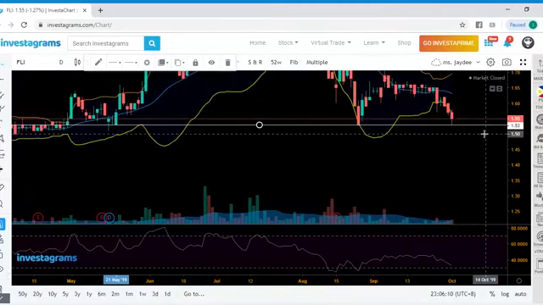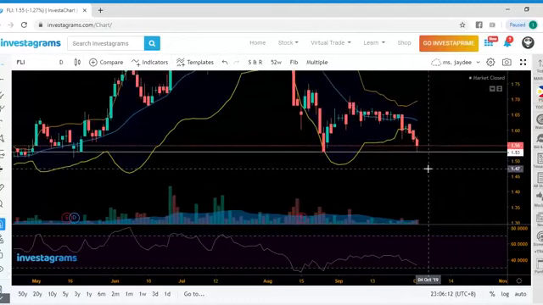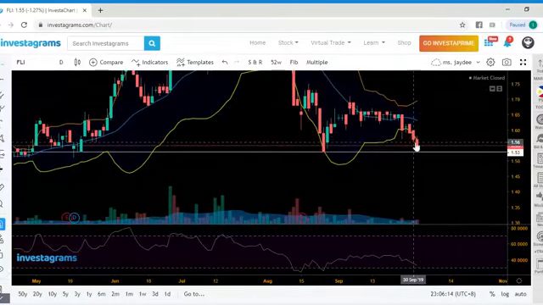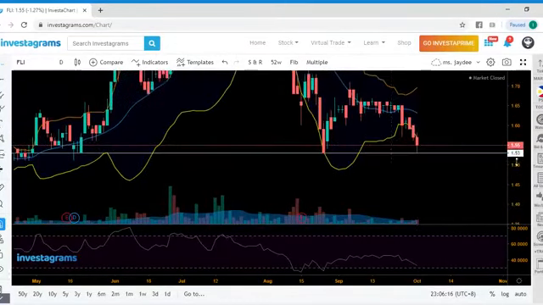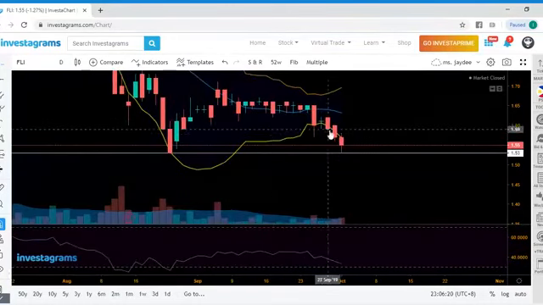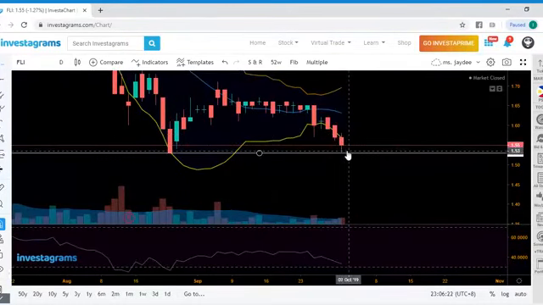Even better if, of course, your candlestick should engulf this one, because remember the rule of our Bollinger Band. When it is triggering the lower Bollinger Band, the candlestick that we should be waiting for is an engulfing candle.